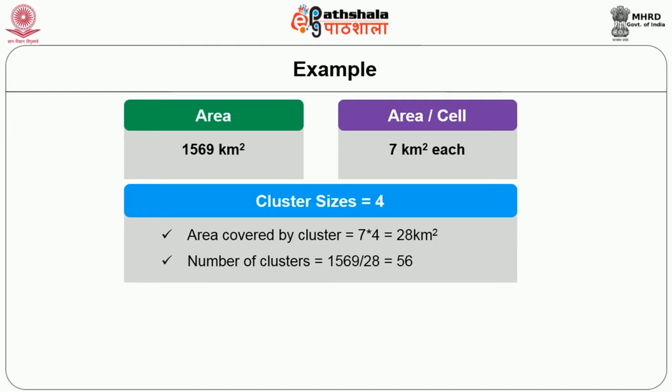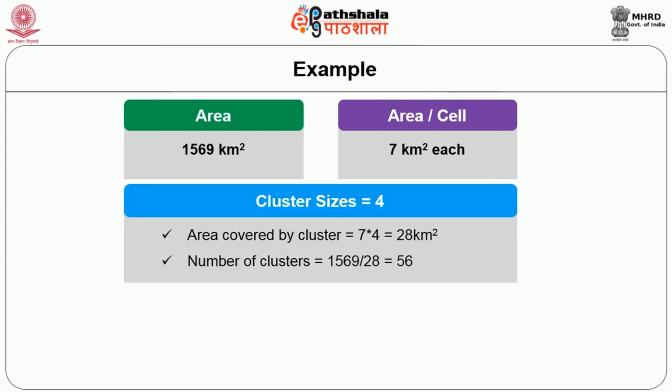Cluster size is 4, that means in a particular cluster there are 4 cells. So, the area covered by this cluster will be 7 multiplied by 4, which is equal to 28 kilometer square. So, how many clusters would be required in this area? The total area is 1569 kilometer square.